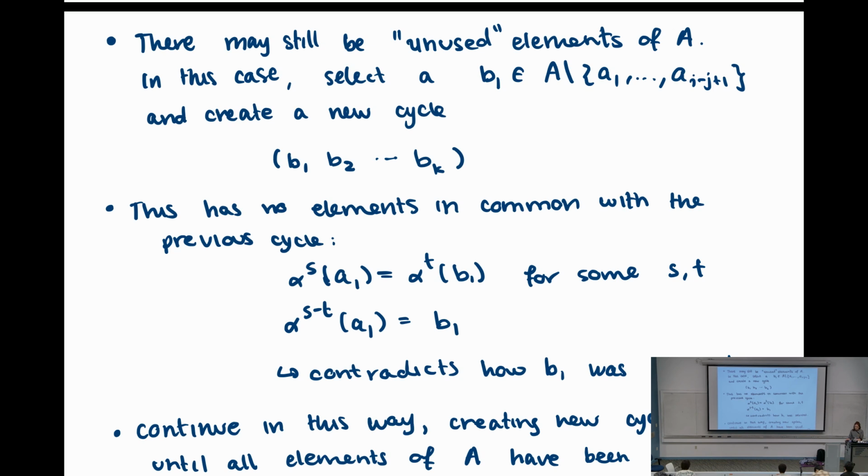And so I can multiply both sides by alpha to the minus t, and that gives us this equation. Other questions?